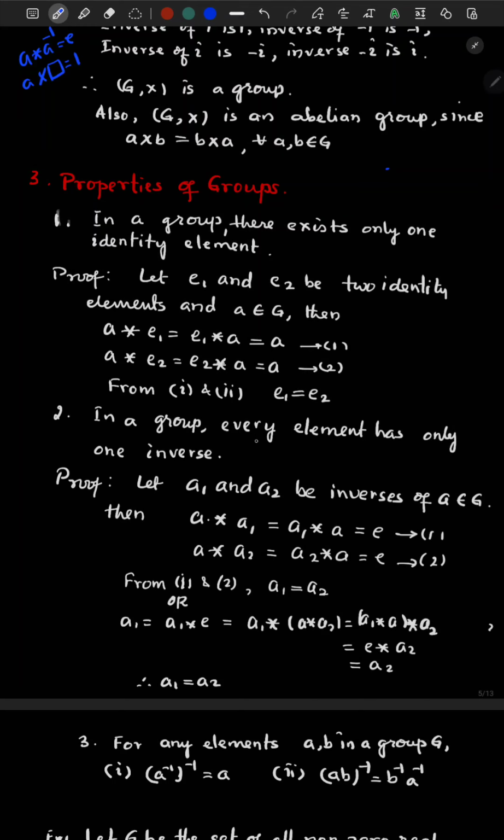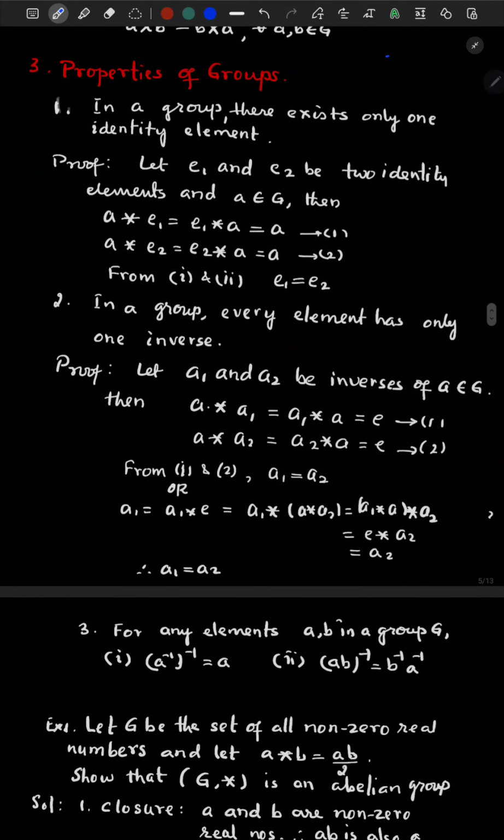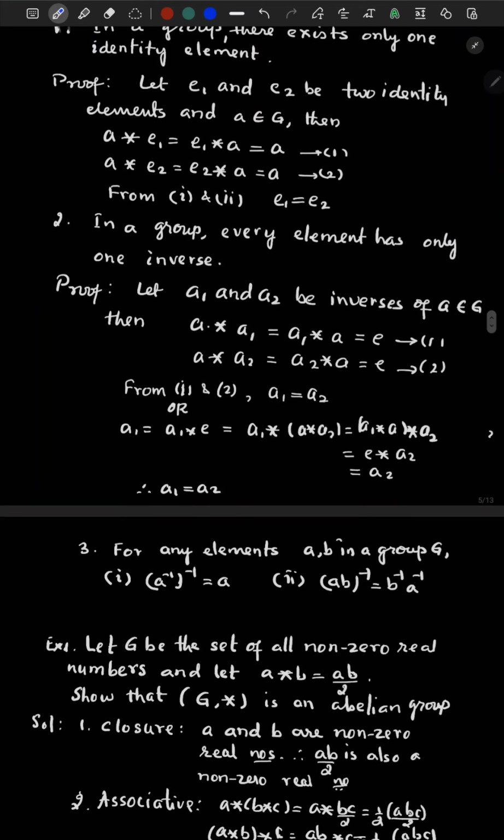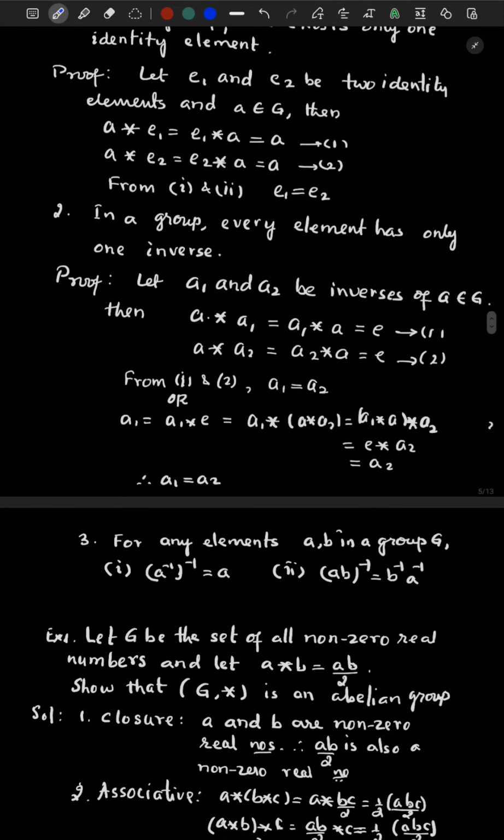Next is, in any group every element has only one inverse. Even this property we can prove by the contradiction method. Let us take one element A. It should have a unique inverse, but we assume here there are two inverse elements for A. Then by the definition of inverse, A star A1 is equal to A1 star A, which is equal to E. That is the first equation.